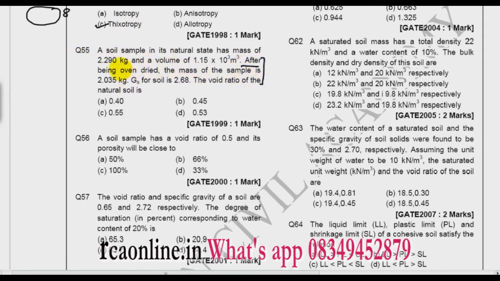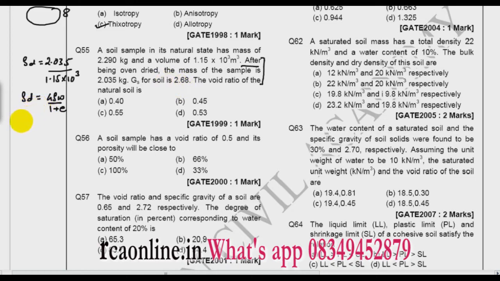What is given to you? Dry mass is given as 2.035. So rho dry is given to you as 2.035 divided by 1.15 × 10^3. And we know that rho dry is G rho W over 1 plus e. Now G is given as 2.68. Clear?